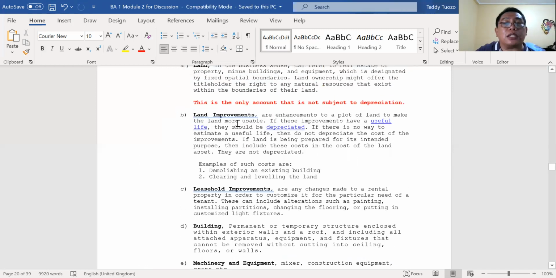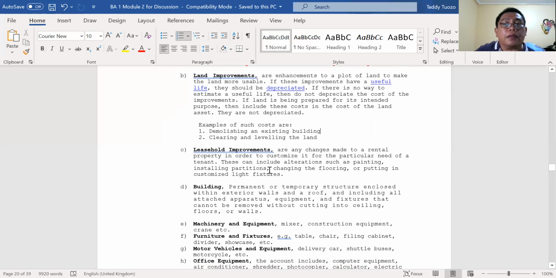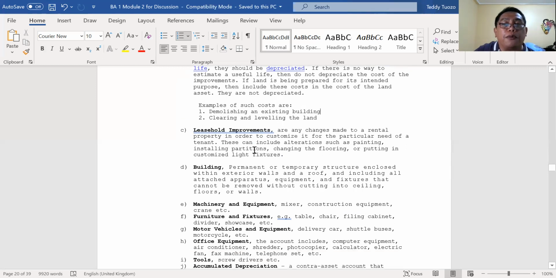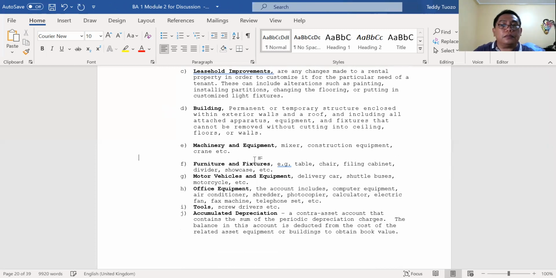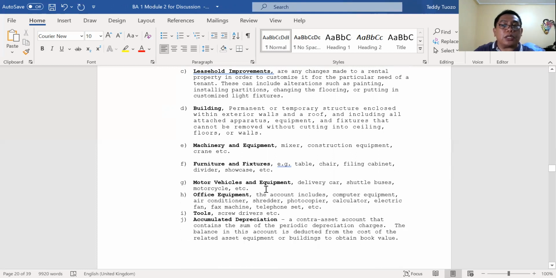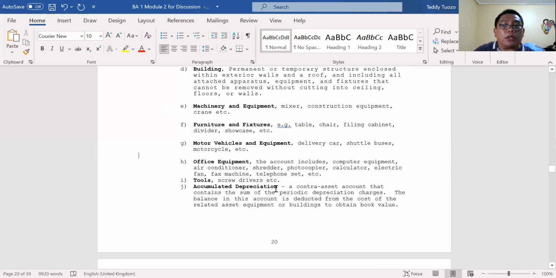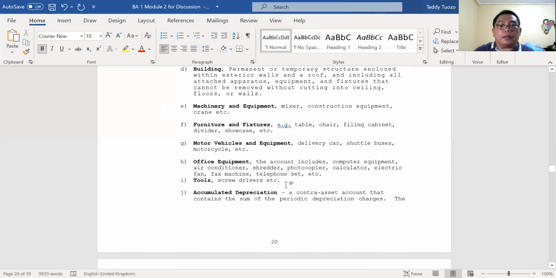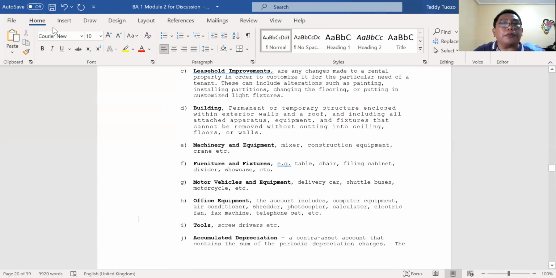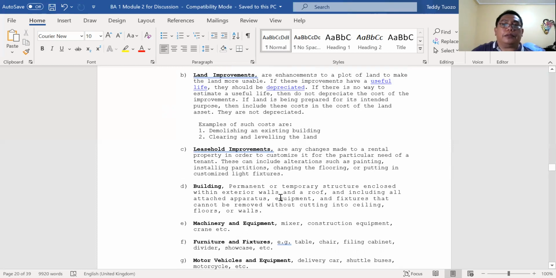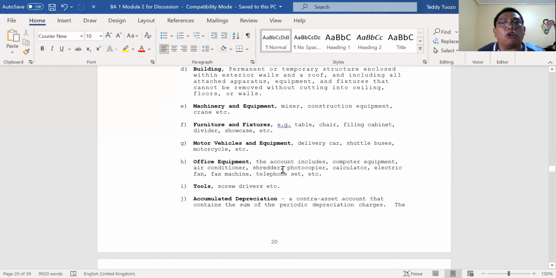So all items: the leasehold improvements, the land improvements, maybe, depending on what you have erected on the land, the building, the machinery and equipment, the furniture and fixtures, the motor vehicles and equipment, the tools are subject to depreciation, no? So let us go through them one by one before we deal with what is the depreciation.